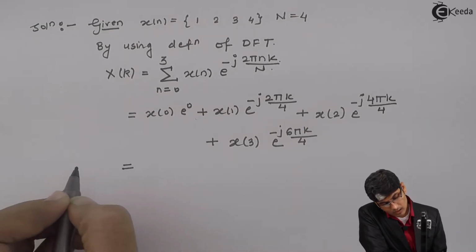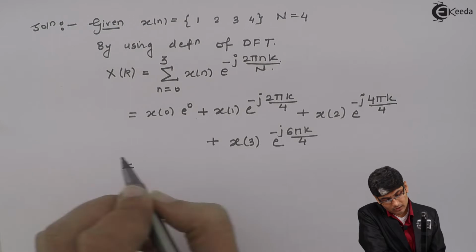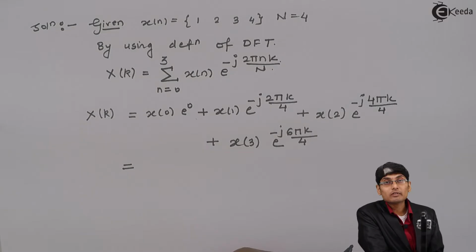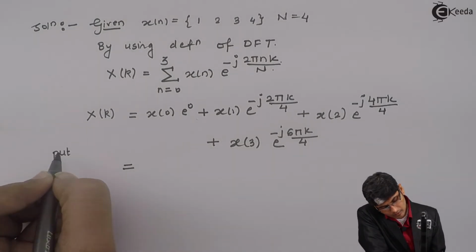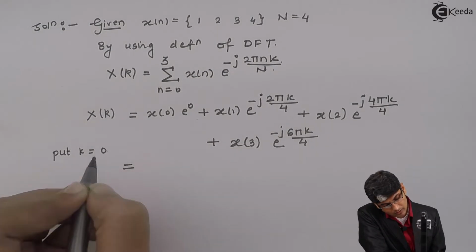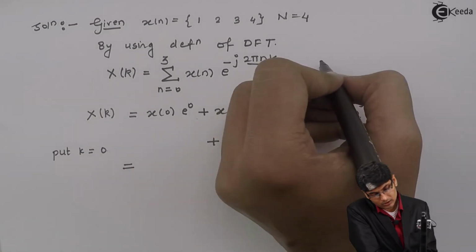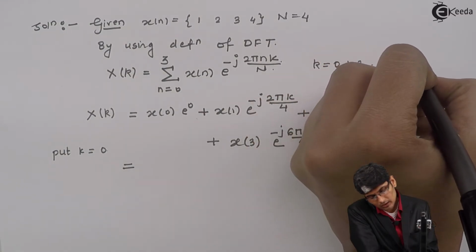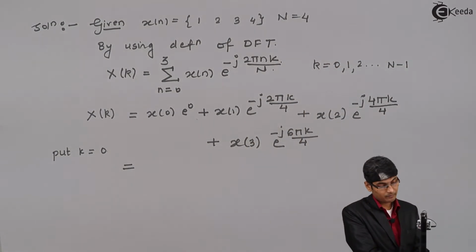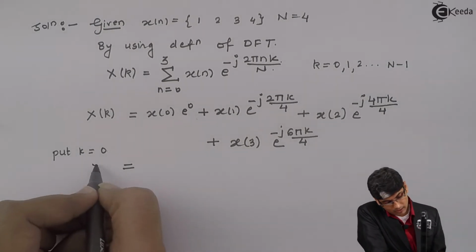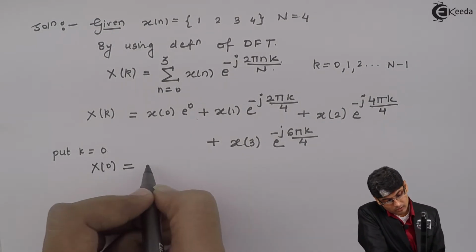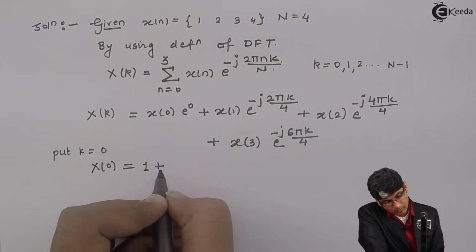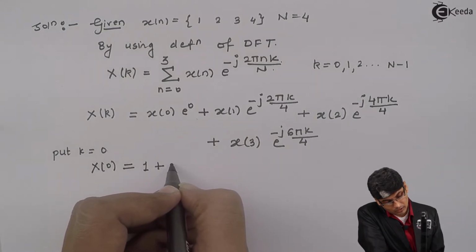Then I will go on putting the values of k now, because the equation is totally in terms of k. So I will put k equals to 0 first, because in the definition k goes from 0, 1, 2 and so on till N minus 1. In our case it is 3. So when I put k is equal to 0, I am going to get x of 0, which is equal to 1, e raised to 0 is 1, plus x of 1 which is 2.